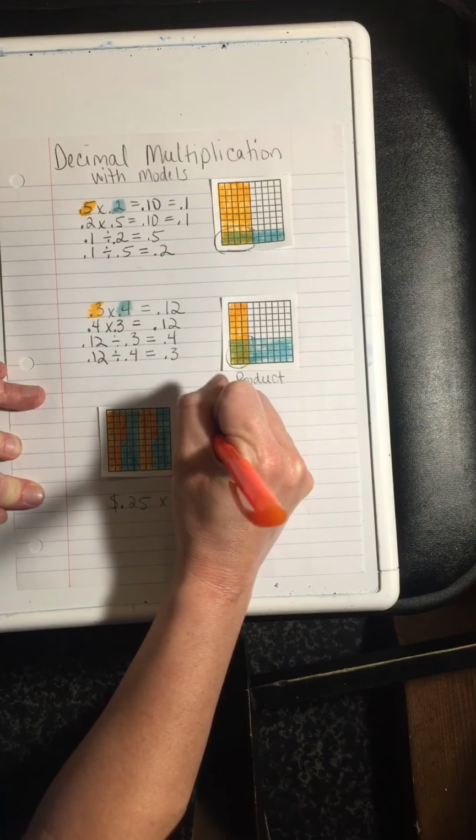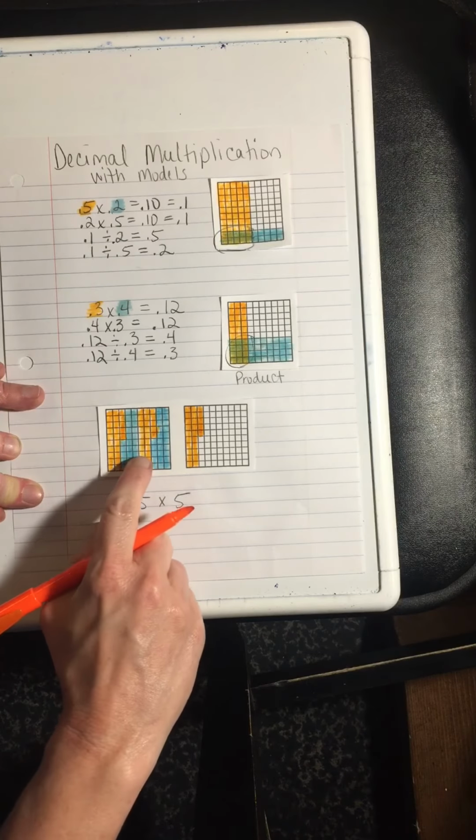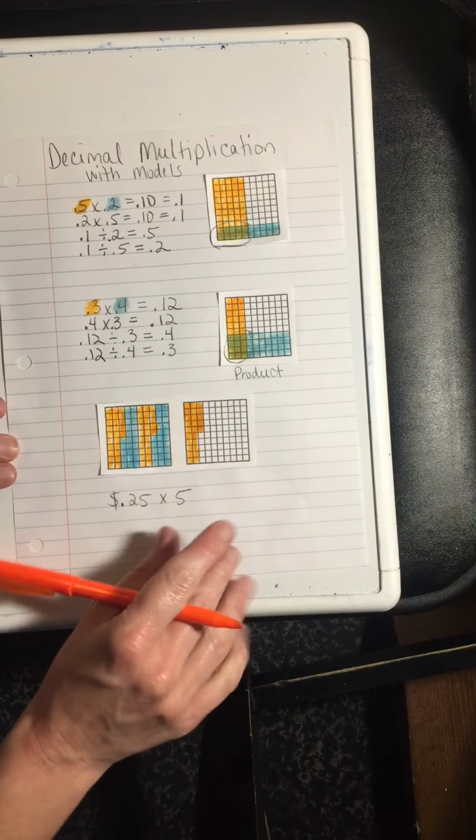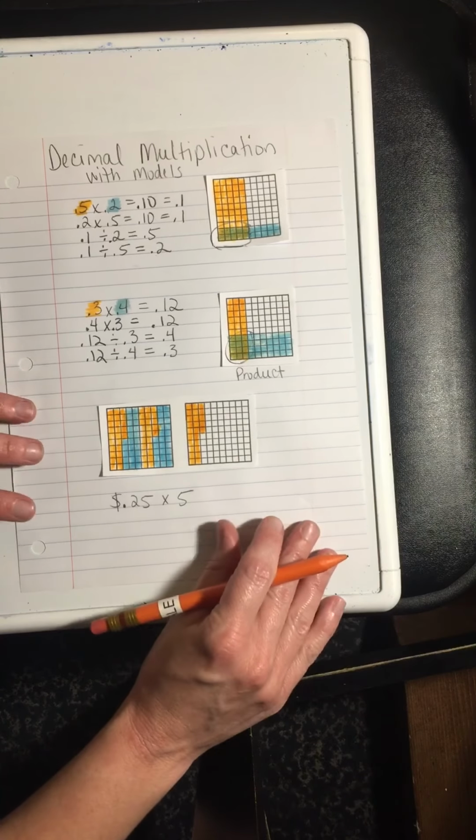All right, and then I have my last 25/100, so I can count and make sure 1, 2, 3, 4, and 5. So I have 25 cents or 25/100 happening 5 times. And this is how it would be represented in my model. So let's write our fact family for this.